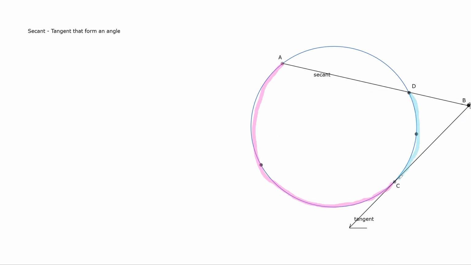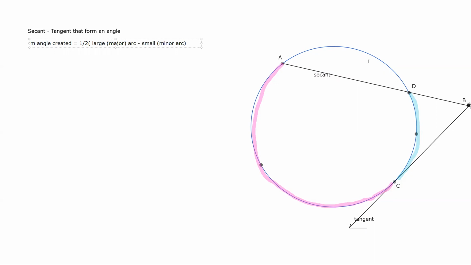So you have to be careful. The measure of the angle created equals 1/2 the large or major arc minus the small or the minor arc. There's your formula.